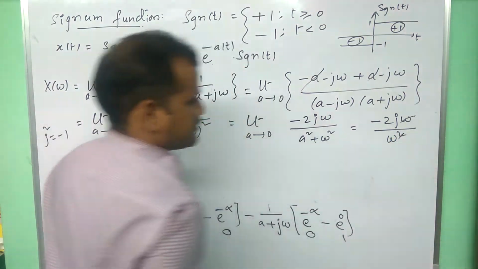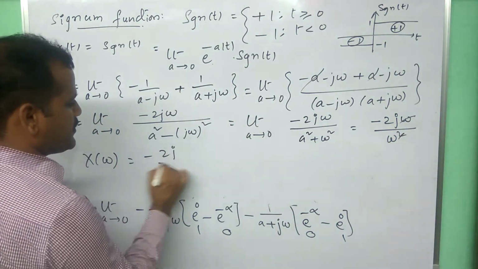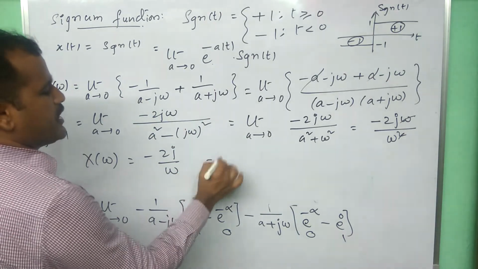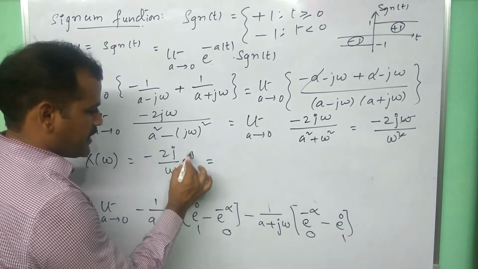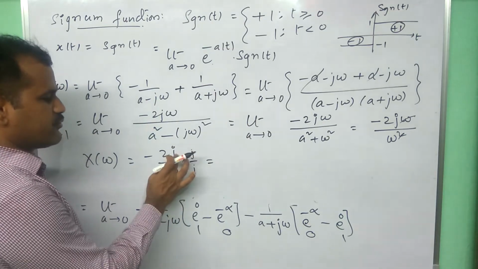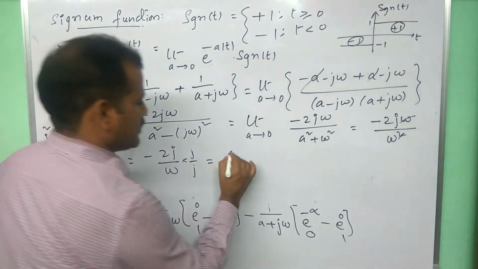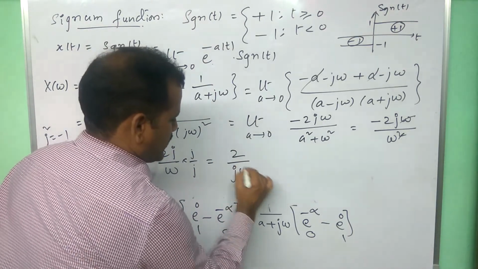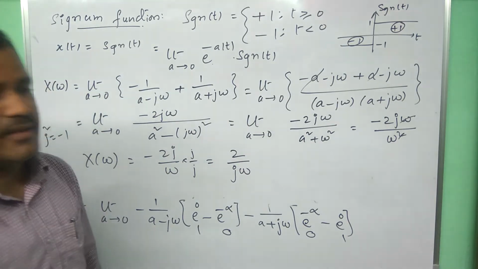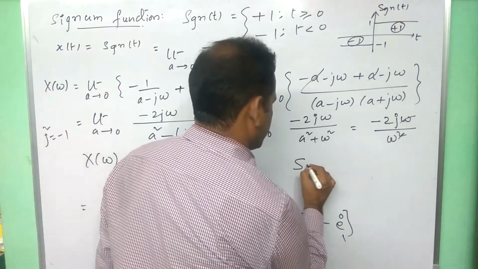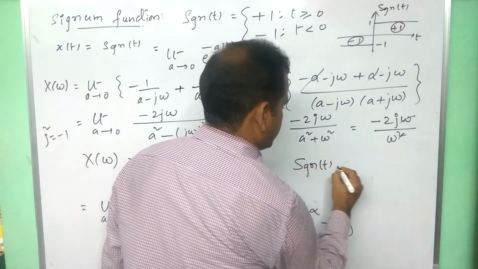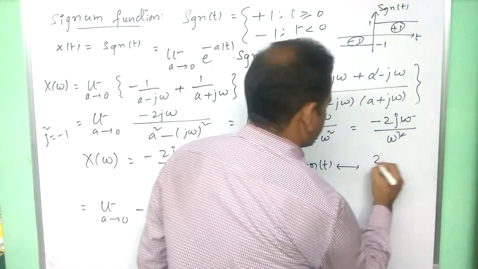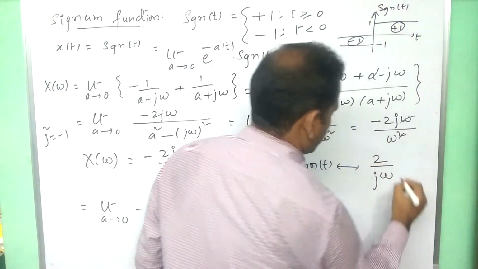Omega also cancels, so minus 2j by omega. We can also write this one by multiplying and dividing with j. Here j square is minus 1, minus minus plus, so 2 by j omega. Finally, the Fourier transform of signum function is simply a single term, 2 by j omega.